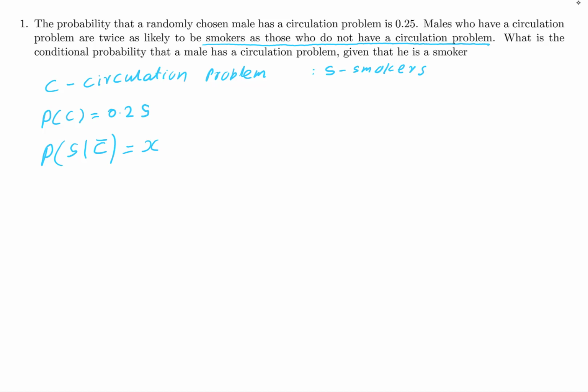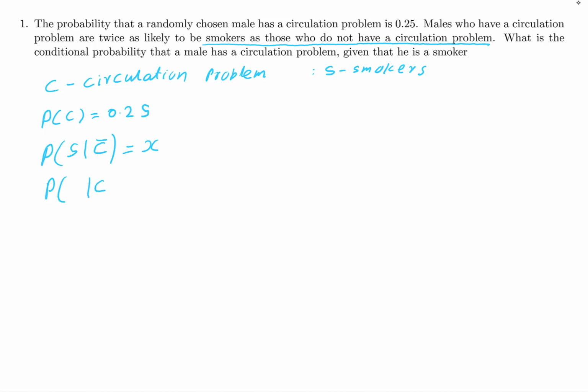Now go back to the sentence. Males who have a circulation problem are twice as likely to be smokers as those who do not have a circulation problem. Think about that. What is that? That is also a condition, right? Because we know these are males who have a circulation problem.